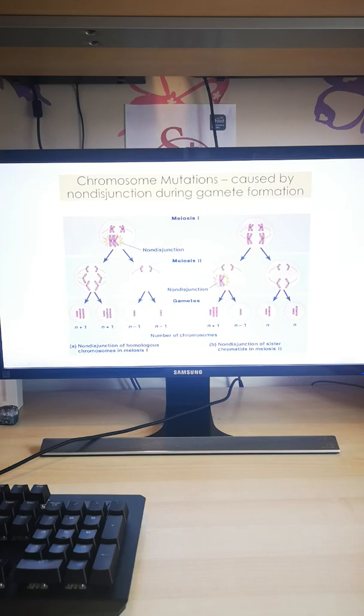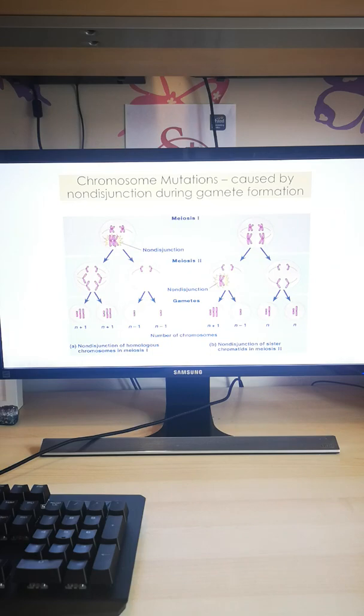We've got non-disjunction, so both homologous chromosomes have ended up in this daughter cell, which means that when the second division is over and the sister chromatids here have been pulled apart, we've got some gametes with no copies of one particular homologous chromosome, and then other gametes that have got 2 copies of that homologous chromosome. So this is an example of non-disjunction, and that's causing a chromosome mutation.